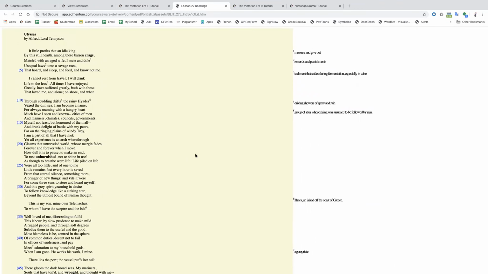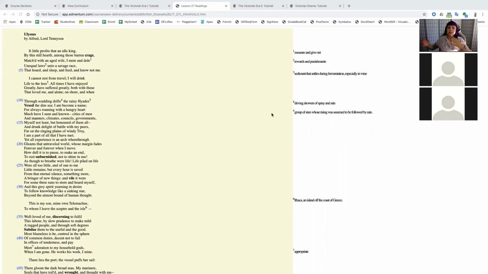He fights in the Trojan War, and that's what they mean when they talk about Troy, and then he is supposed to come back, and then he has all these problems because he angered the gods. And so in the Homeric version of it, Homer is the person who wrote the Odyssey, as well as the Iliad, which is the story about the battle, and so it also follows Ulysses.